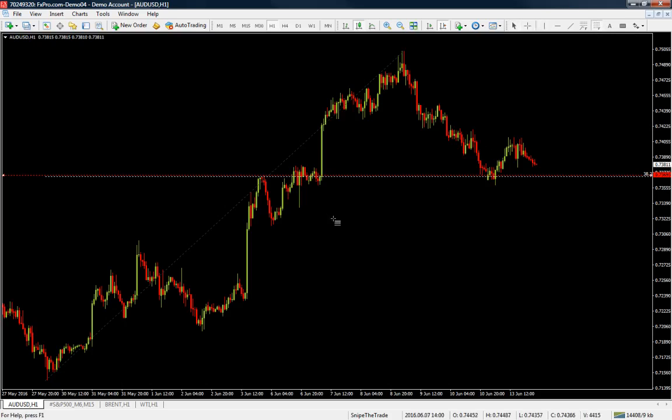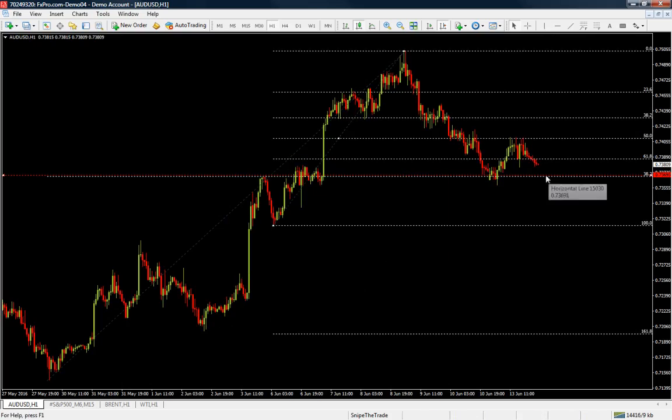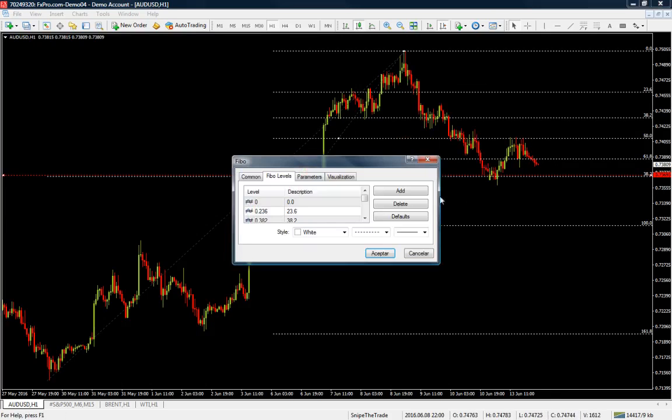So basically we're going to grab the Fibonacci levels from this leg up, I'm sorry, and we are going to see if any of the default Fibonacci levels are in confluence. And as you can see, we do have the 61.8 in confluence with this 38.2.